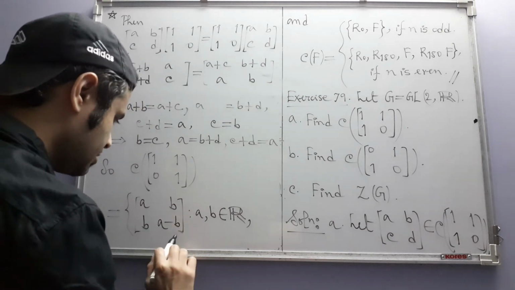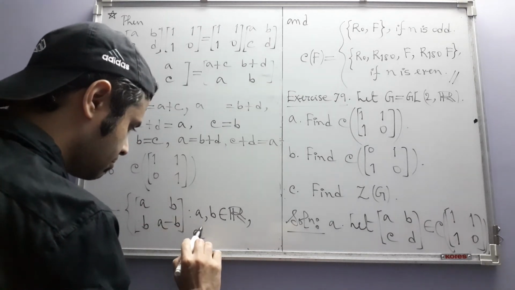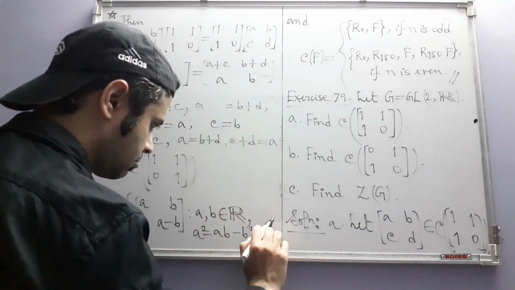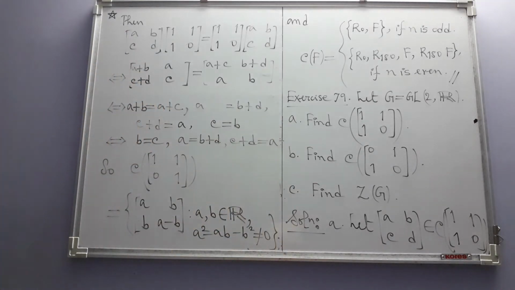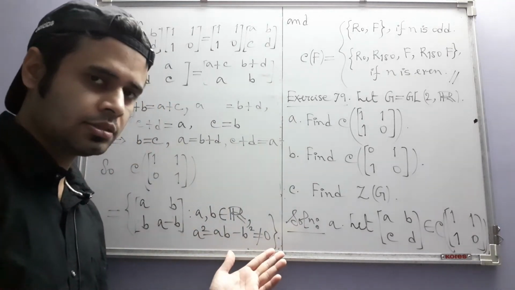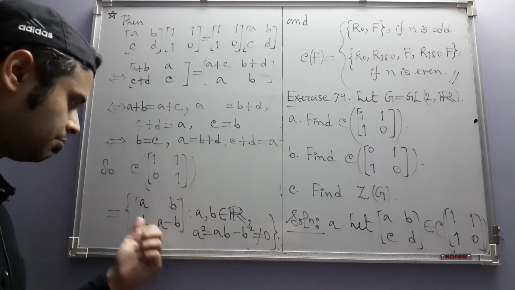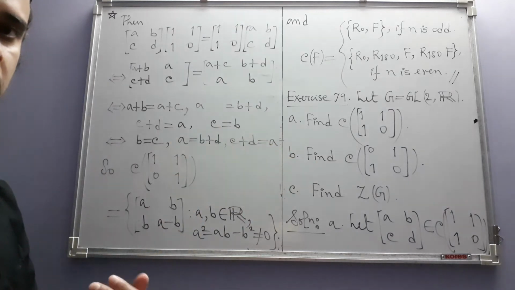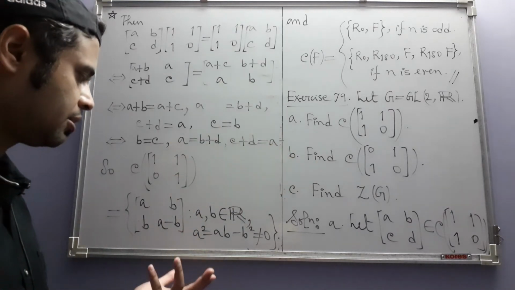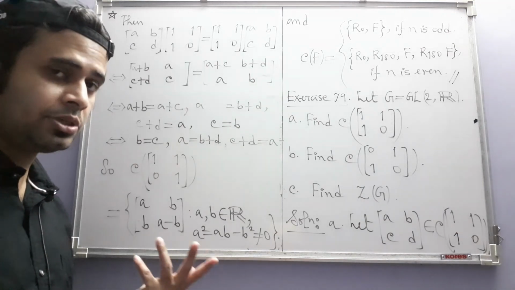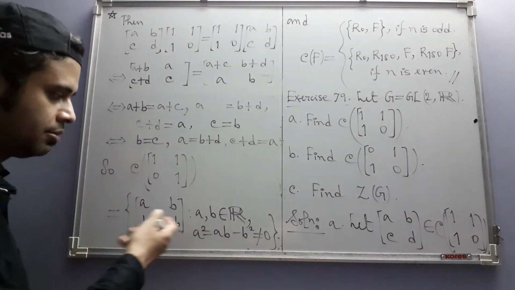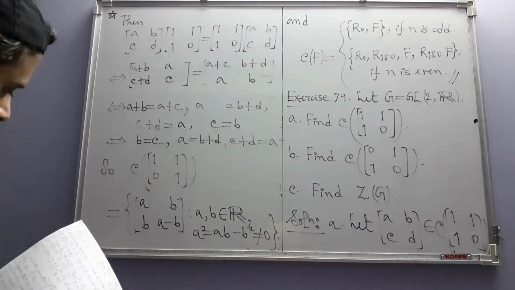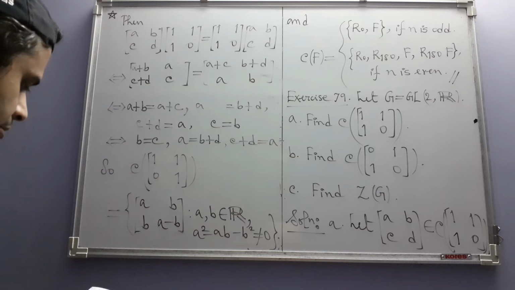A square minus AB minus B square. You don't have to mention this if you mention that this matrix belongs to our G, because then automatically it means that the determinant has to be a non-zero real number. But anyway, the answer is given in this fashion in the book itself, so we are also writing like this.